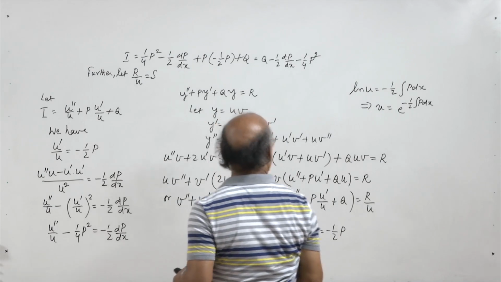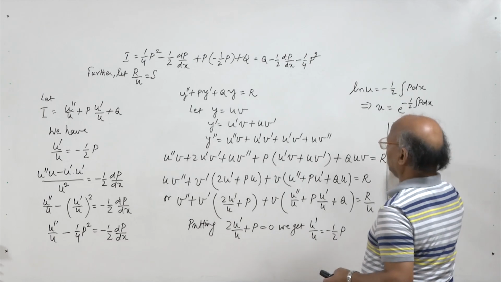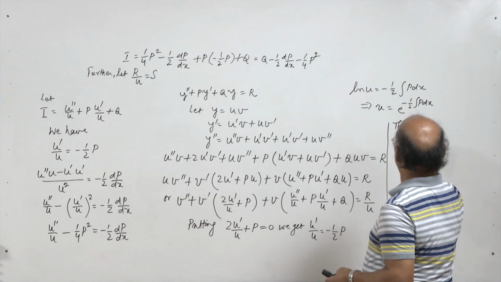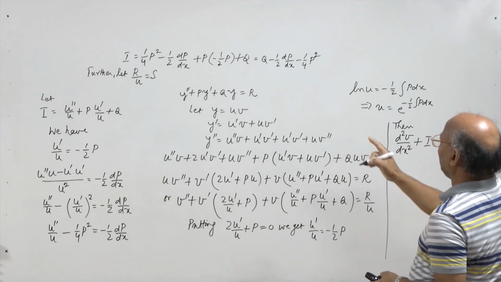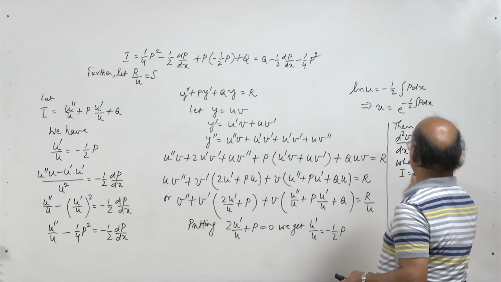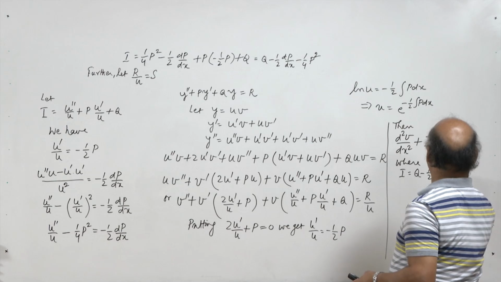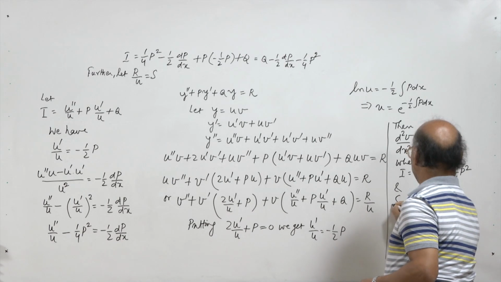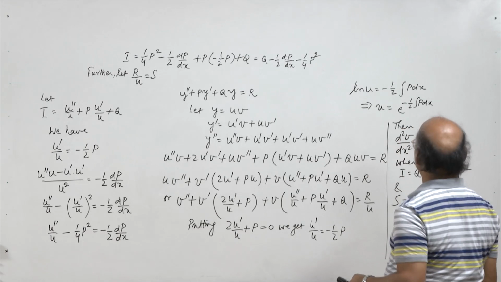So then we shall have d square b by dx square plus I into b equal to s, where I is again I equal to q minus half dp by dx minus 1 by 4 p square, and s is equal to r by u, and u is e to the power minus half integral p dx.